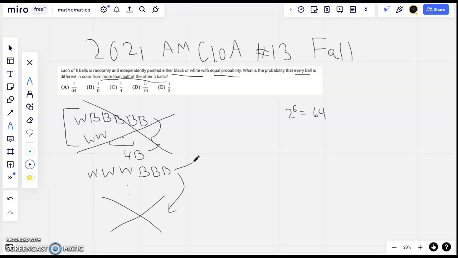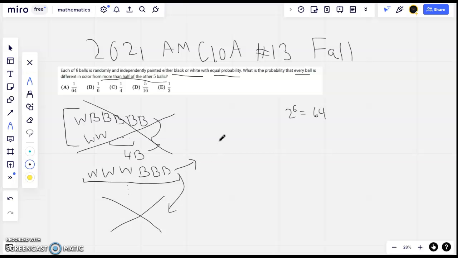So our answer is finding the arrangements for white, white, white, and black, black, black. You could just treat this as finding the arrangement in a word.